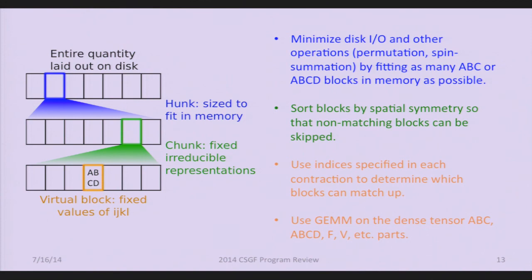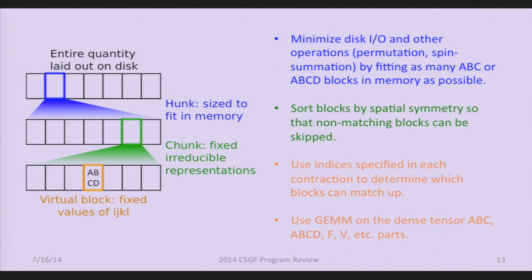In order to make things efficient, we have to worry about when we are going to be reading and writing from disk, when we are going to be communicating between nodes when we parallelize. So we can take our entire T3 or T4 quantity, that's all the abcs and all the ijks, and we can chop it up. So we take a certain set of ijks, some of that will fit in memory, and we call that a hunk.